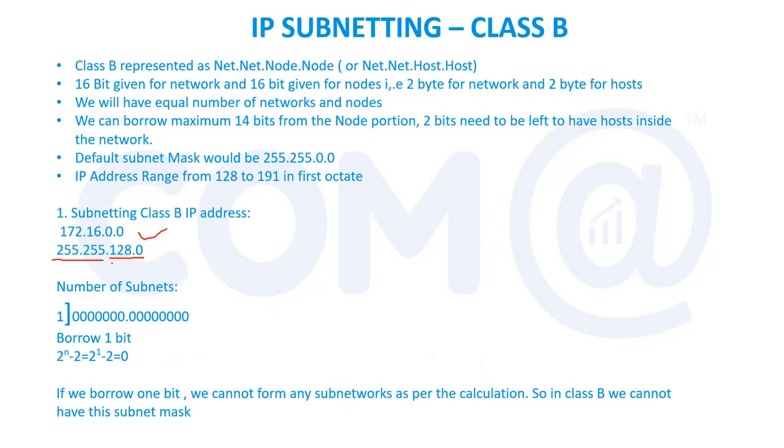At one point in time, the third segment is also 255, once you borrow all 8 bits. But the IP address falls under class B. So we can take a combination of both IP address and subnet mask to decide which class it is. If there is any change in the default subnet mask and the number belongs to class B, then we say it is a subnetted class B.